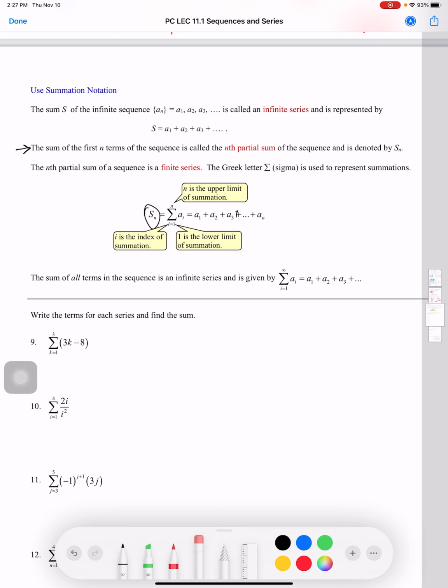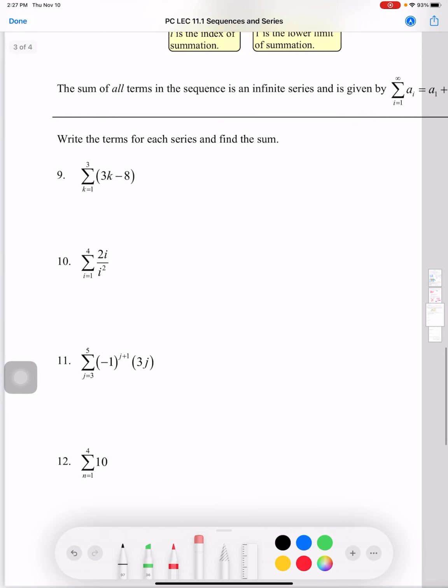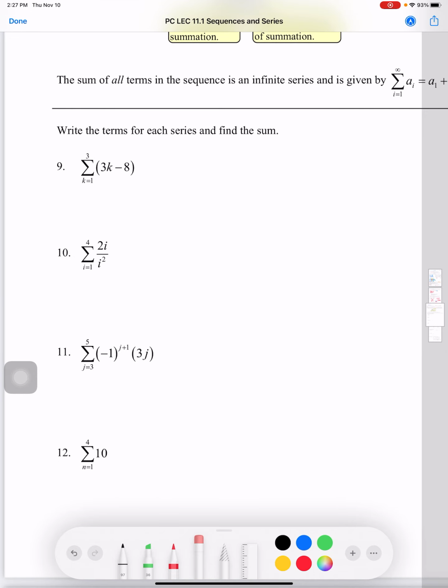They're going to give us an expression, and then we're going to substitute these values in, and then we're just going to add each one of the products or the outcomes or whatever we get when we substitute in. So I won't do all of these. All of these pretty much work the same way. So maybe we can do 9, 10, and maybe look at 11, just so you don't have to sit here and watch me do so many.